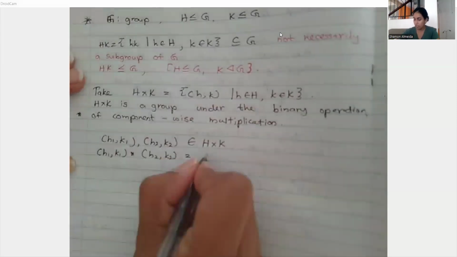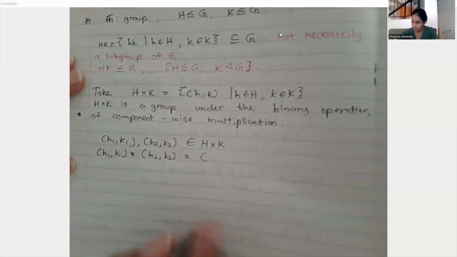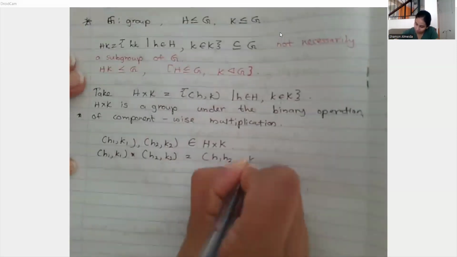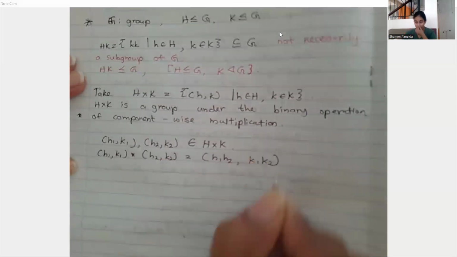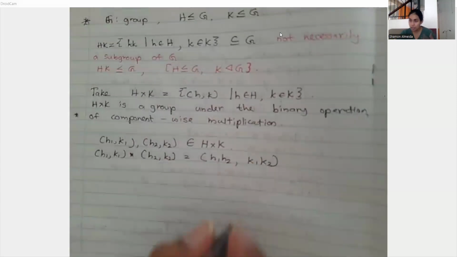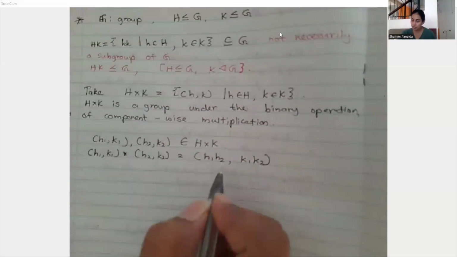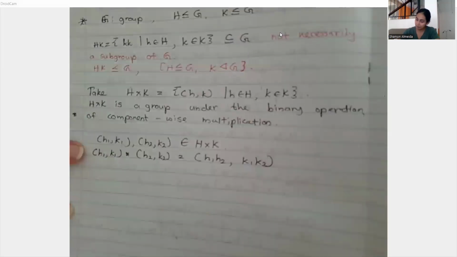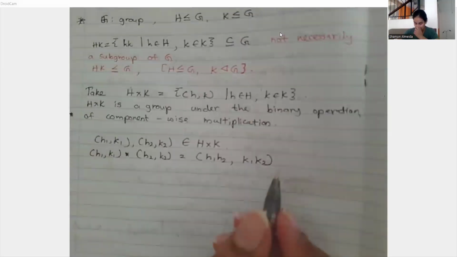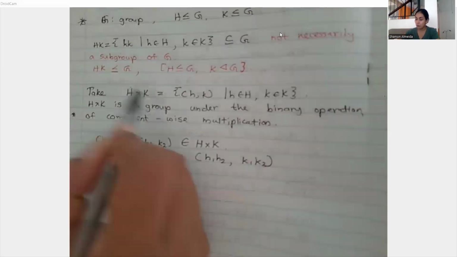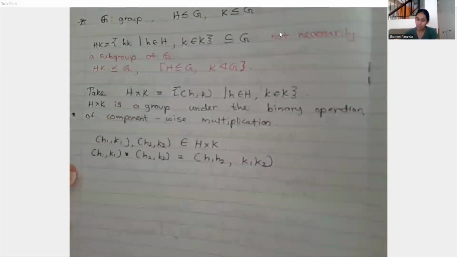This would simply mean we multiply component-wise. So we have (h1 h2, k1 k2). Now in this case, when I once again say h1 times h2, this times actually refers to the binary operation of G that is defined over G. So this is component-wise multiplication. This is a binary operation over this set. Together with this binary operation, this defines a group.